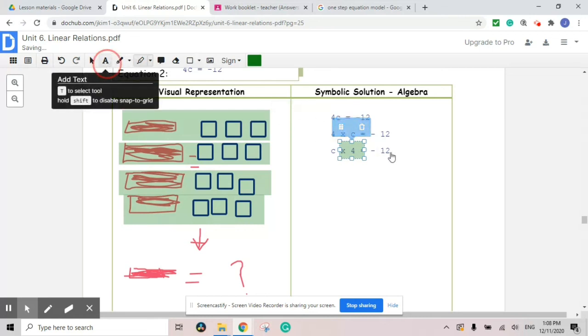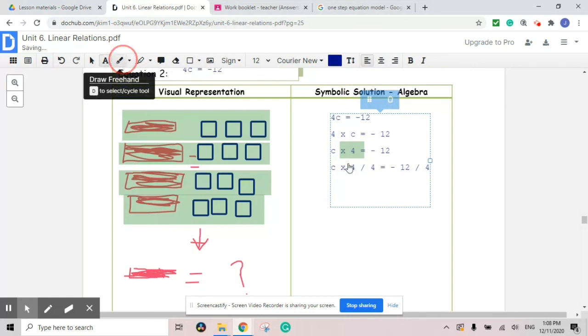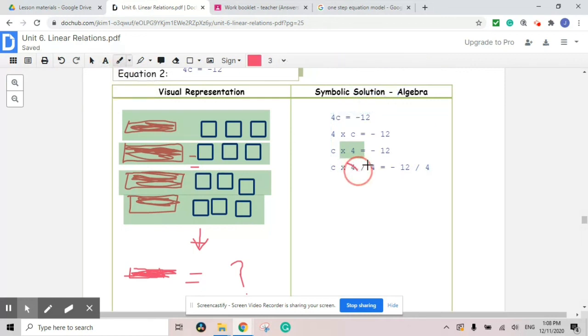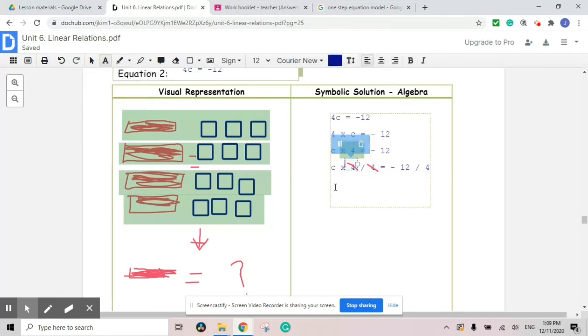The opposite of multiplication by 4 is dividing by 4, so -12 divided by 4. Multiplying by something and dividing by the same thing cancel out, and the only thing left on the left side is just c. So c is equal to -12 over 4, which is -3.